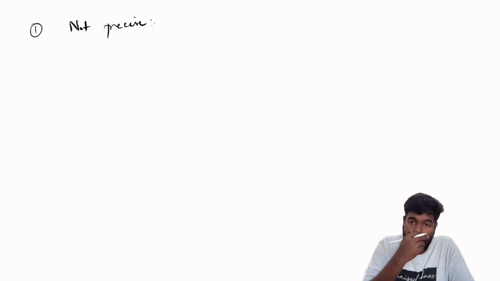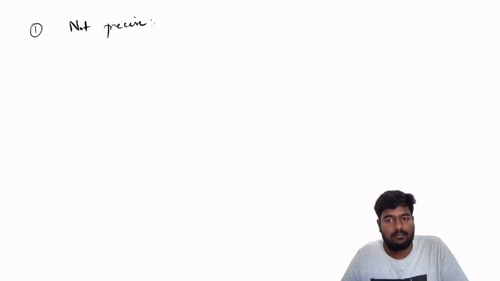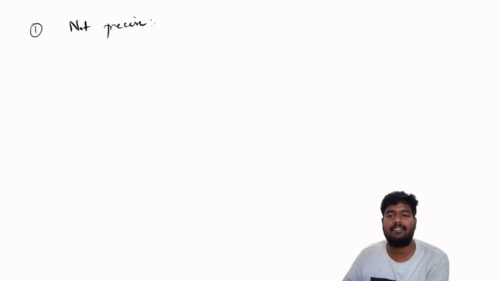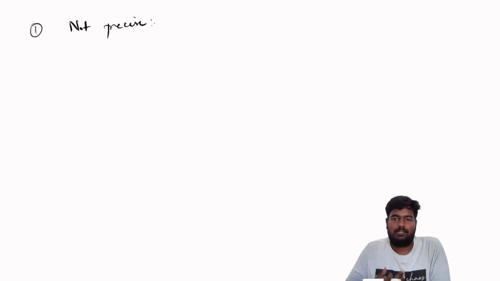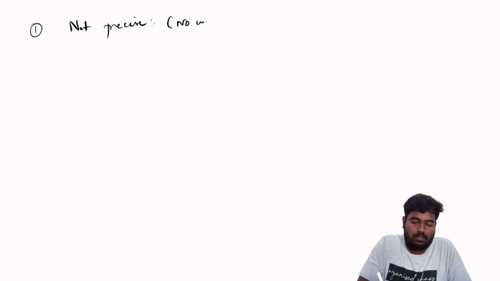What do you mean by precise? It can tell you that you will get the answer in length, but it will not give you the quantity, how much length. So no unit.